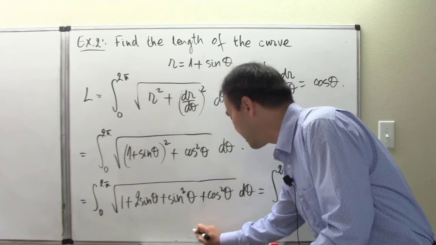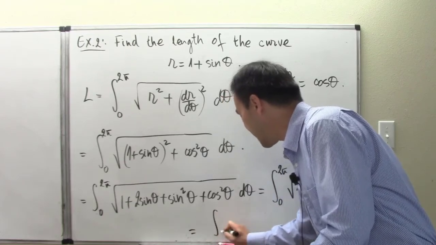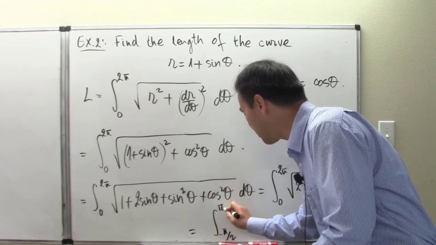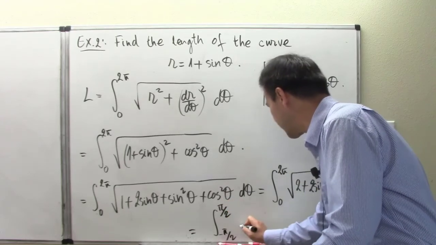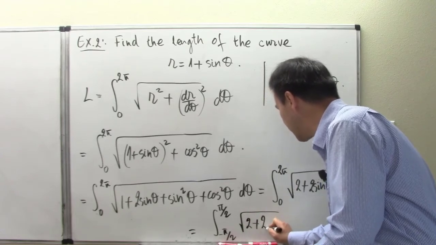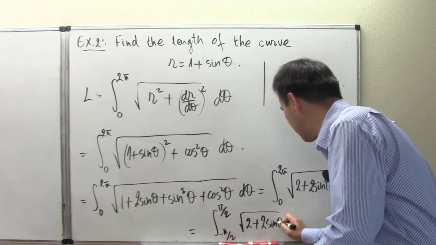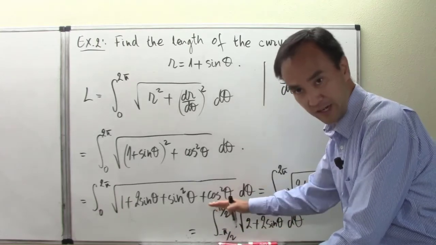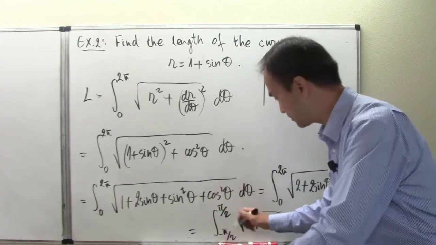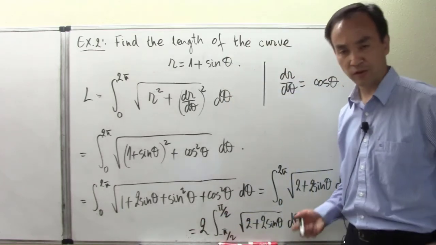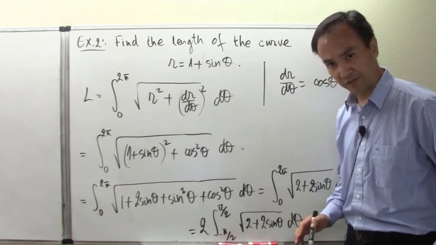It is the integral from minus pi over 2 to pi over 2 of the same integrand, the simplified form, the square root of 2 plus 2 times sine theta, dθ. But this is only half of the loop. This is only the length of half of the loop. So to get the total loop, we're going to double the physical length, and that's how we're going to arrive at the final answer.